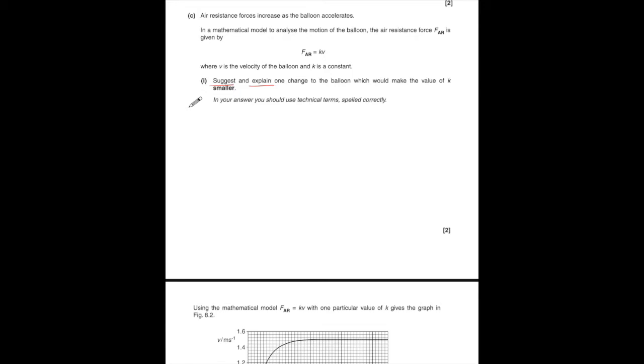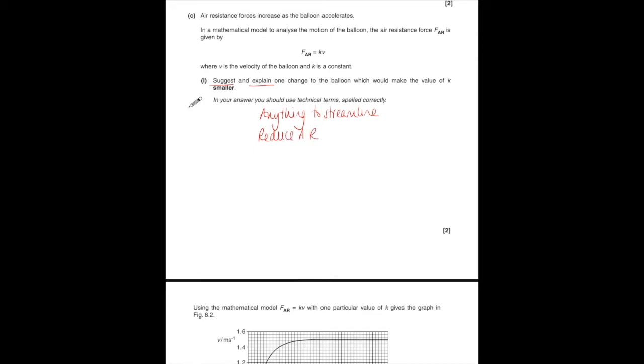So there are a couple of options you could use here, but they probably all boil down to the same thing. You're looking for anything that suggests streamlining, okay? So any suggestion in terms of changing the dimension or the shape of your balloon to allow it to become more streamlined. So there's your suggestion, and your explanation is going to reduce the air resistance, okay?